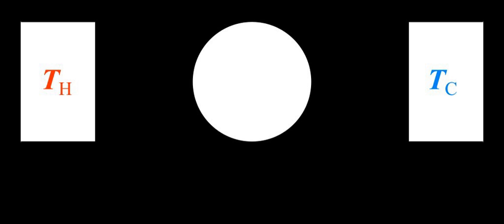The average internal energy of the system is the expectation value of the energy and can be expressed in terms of Z as follows: U ≡ ⟨E⟩ = Σ_R P_R E_R = -∂log Z/∂β.